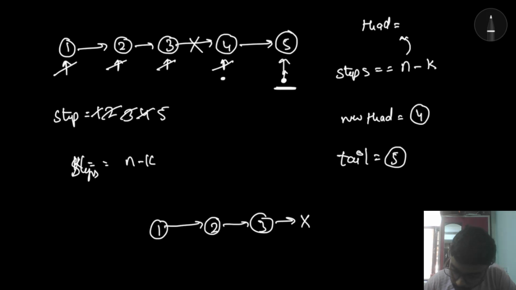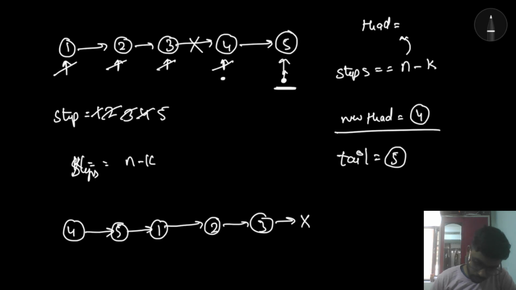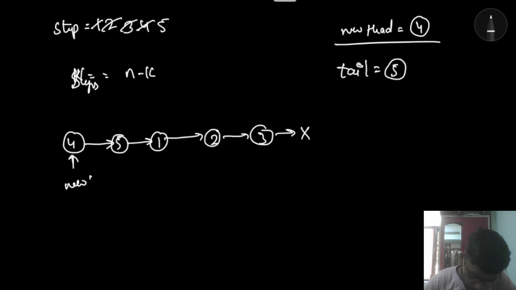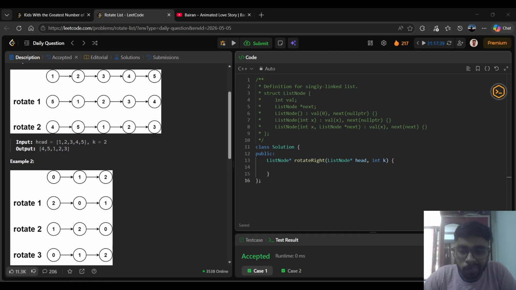Then I have new head as 4, and the tail is 5. So 5's next will be connected to the current head, and this will become the new head. I hope I'm able to convey what I mean to say. So let's go and code this part.